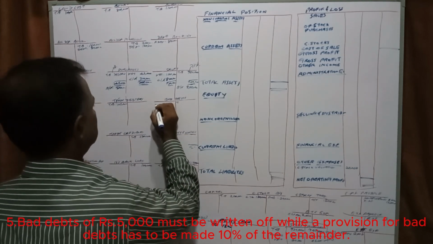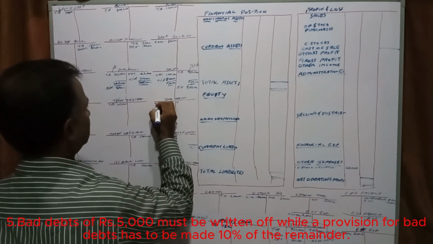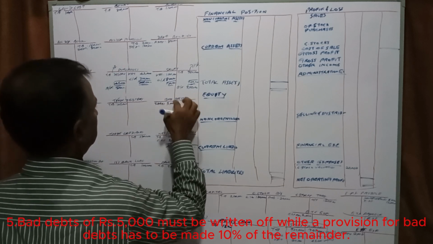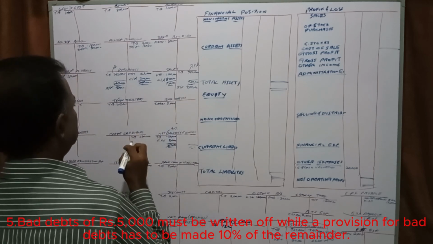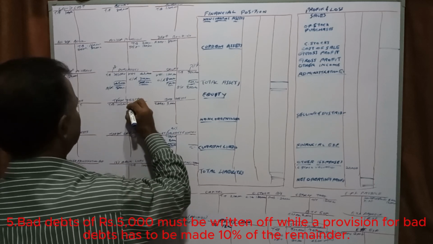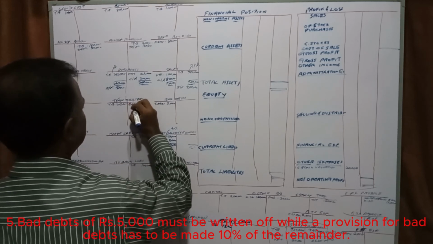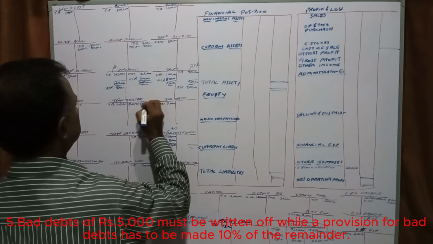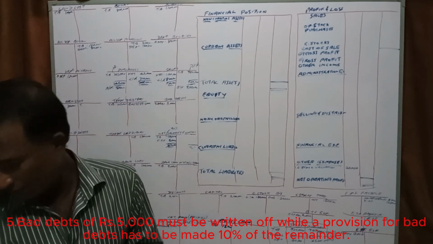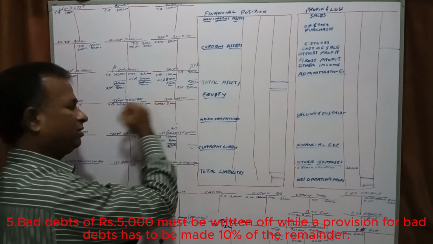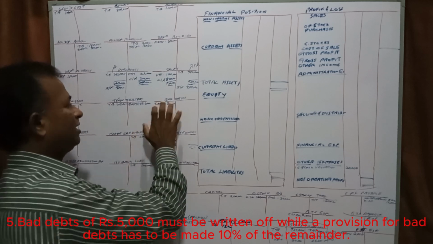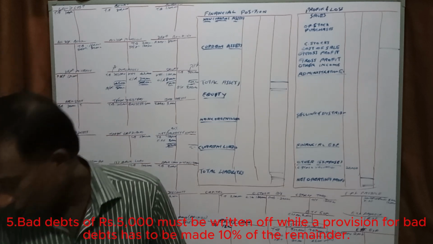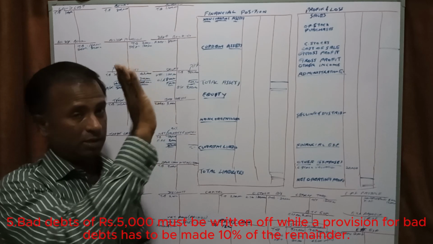Bad debts account debit 5,000 because we cannot recover that, and trade debtors credited 5,000. So that adjustment we have made.